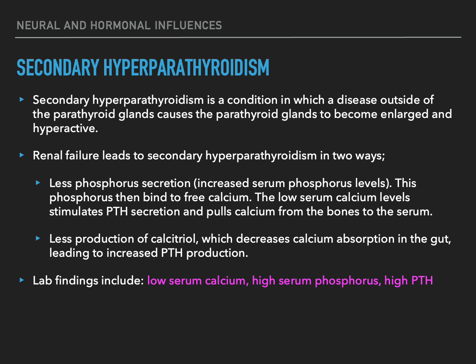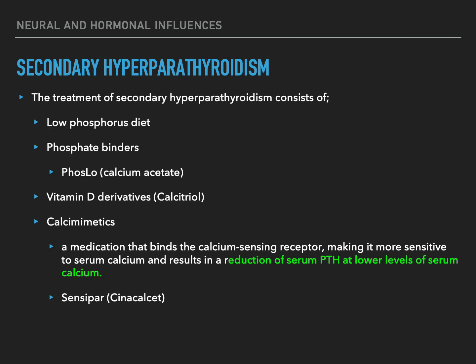Secondly, the kidneys are making less calcitriol, which decreases calcium absorption in the gut, leading to increased parathyroid hormone production. A patient with secondary hyperparathyroidism would have lab findings including low serum calcium, high serum phosphorus, and high parathyroid hormone secretion.